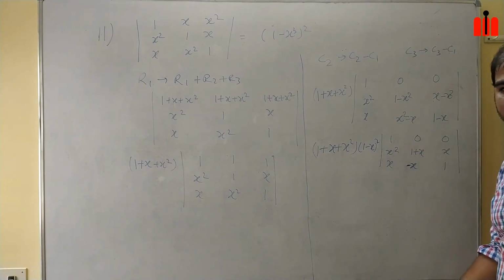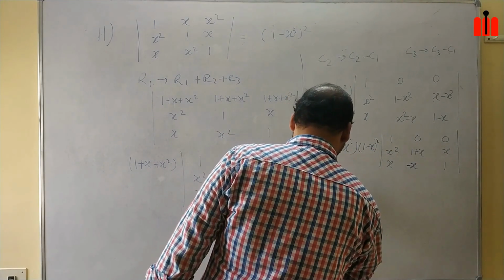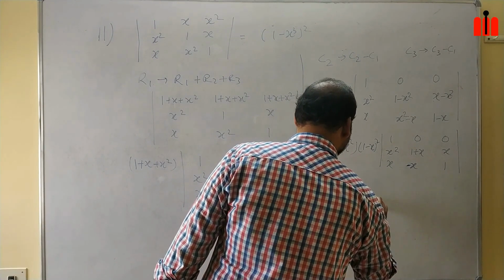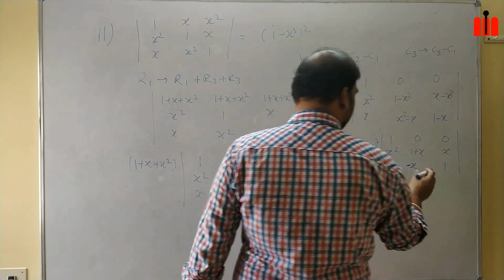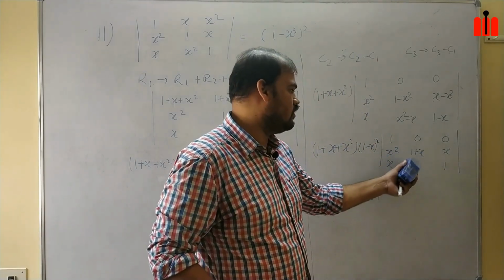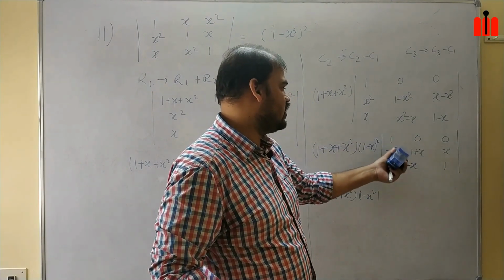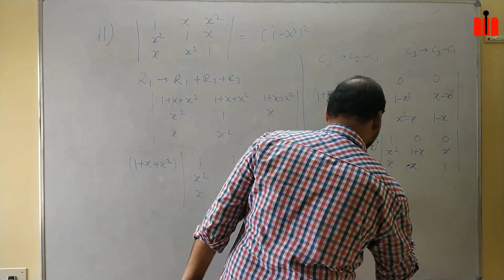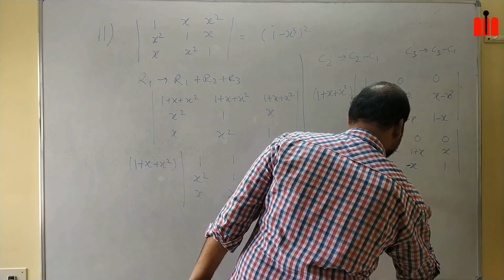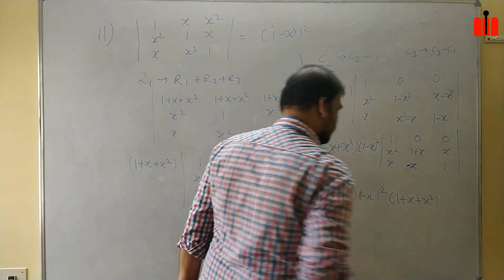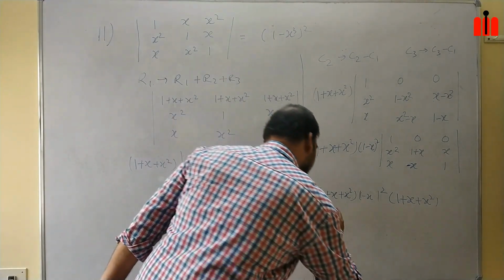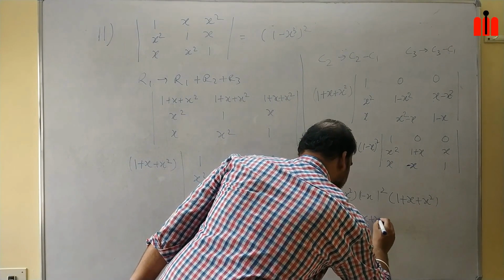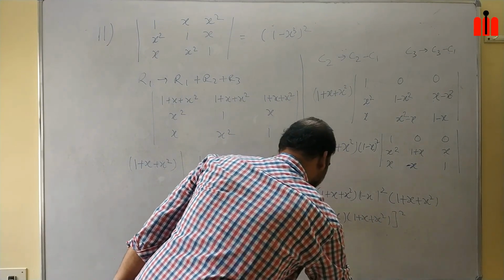So further it will be (1 plus x plus x square)(1 minus x) square. Now you will expand through row R1. Once you expand through row R1, you will get 1 plus x plus x square. So this will entirely become (1 minus x)(1 plus x plus x square) whole square.